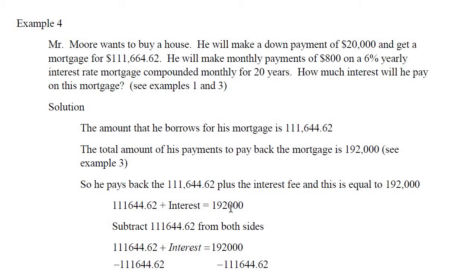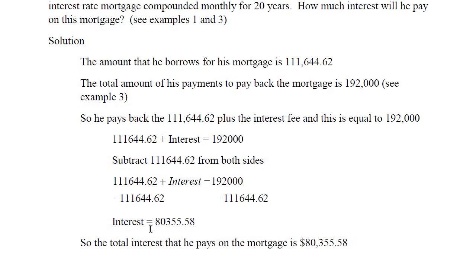So calculating that, $111,664.62 plus the interest is equal to $192,000. Subtracting that $111,664.62 on both sides, that tells us that over the course of 20 years, he's going to pay $80,335.58. So that's how much interest he's going to pay over the course of 20 years.